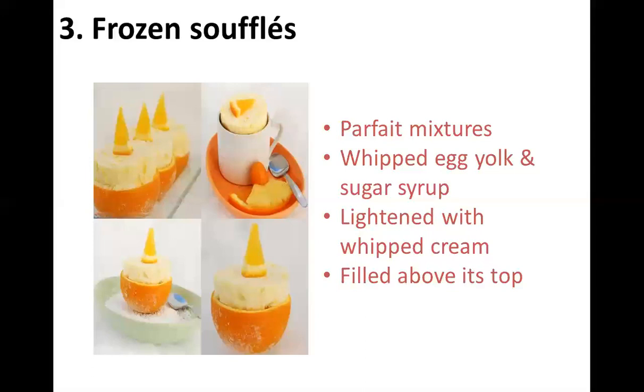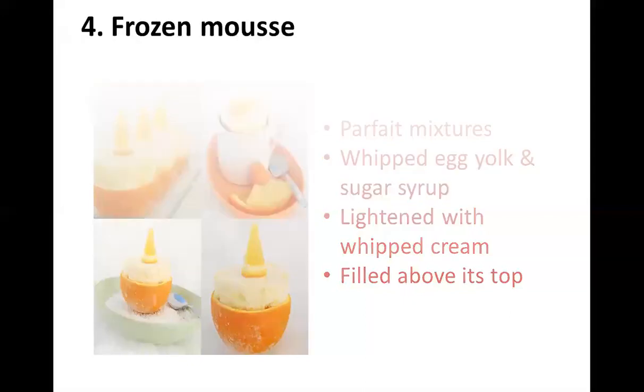As you know, when the hot souffles are made and you put that into the oven, it rises above its edge. So in the picture also you can see the frozen souffles can be made in the same manner so that it looks like your hot souffle.